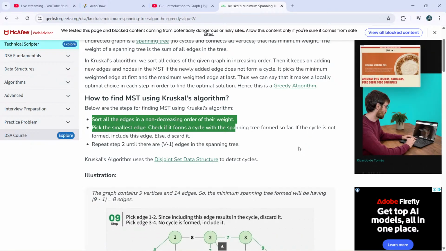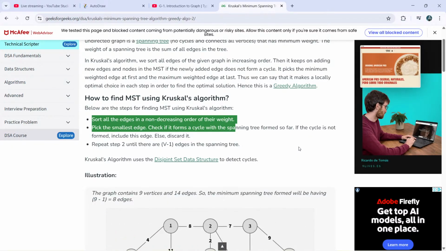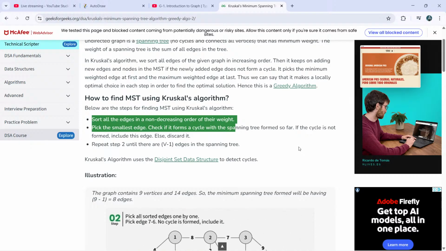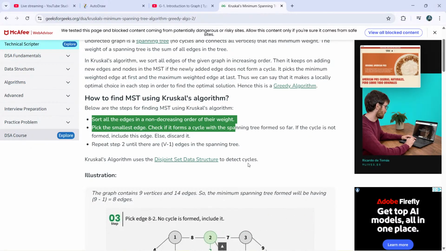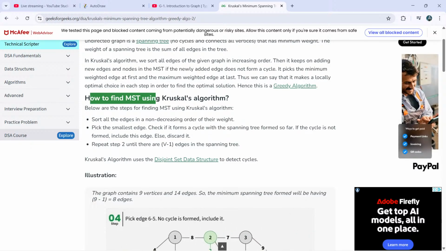So let's continue with MST. Let's understand Kruskal's algorithm. How to find MST using Kruskal's algorithm? That is the question we have in front of us.